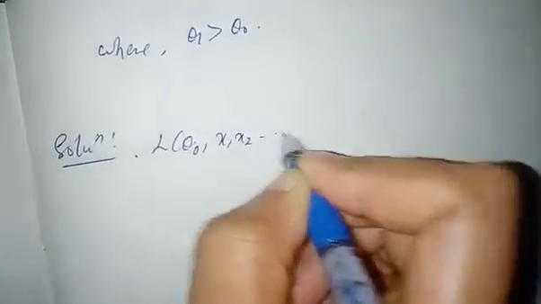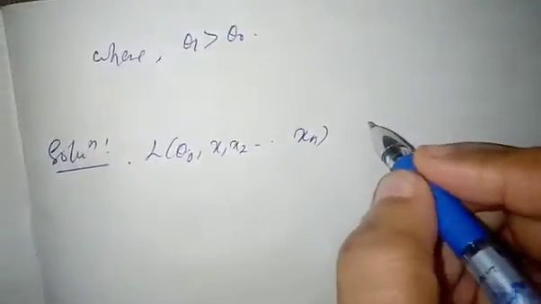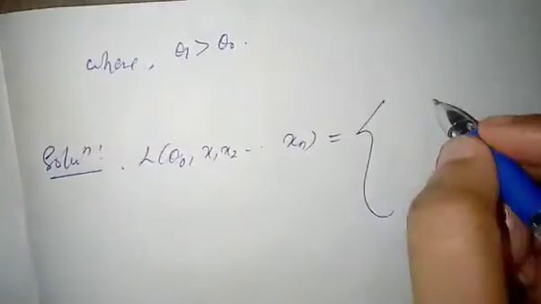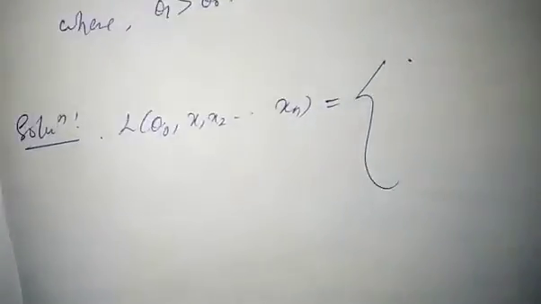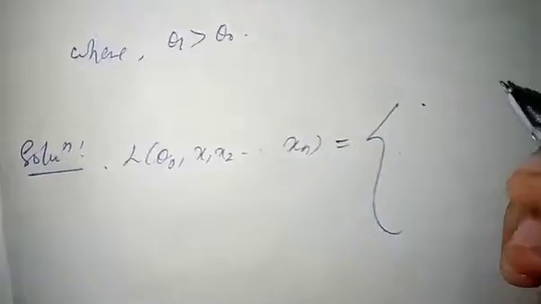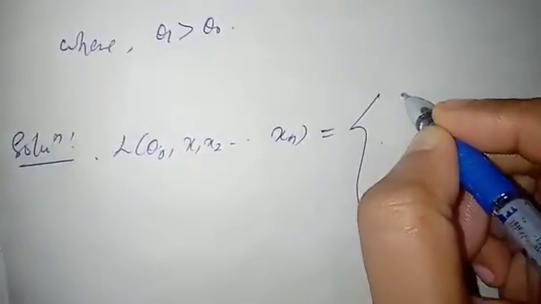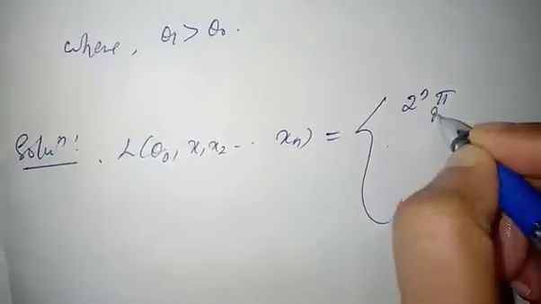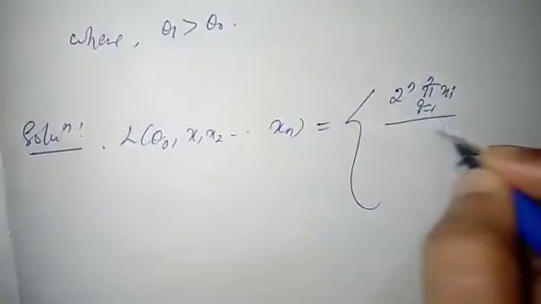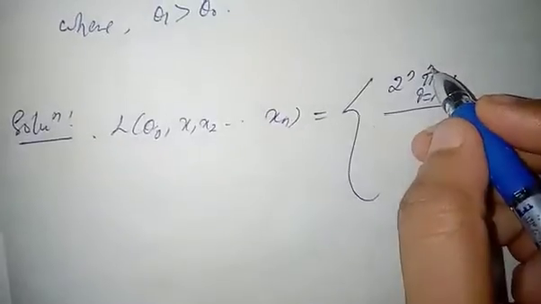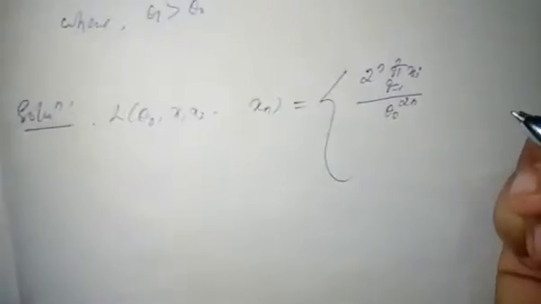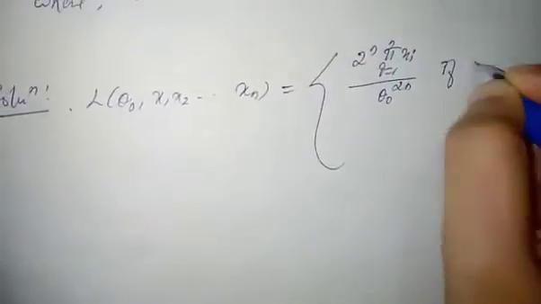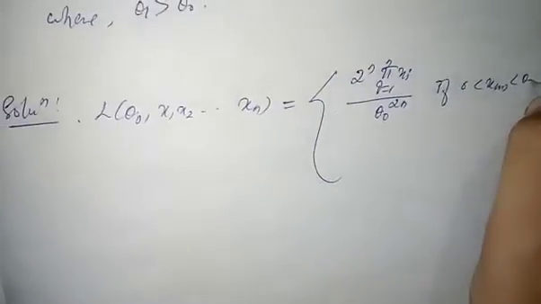Under H naught, the likelihood of theta naught, x1, x2, and so on up to xn, is equal to, what is the likelihood then? If f of x theta equals 2x divided by theta square, then the likelihood is 2 power n product i from 1 to n of xi divided by theta naught power 2n, okay, if 0 less than xn less than theta naught.